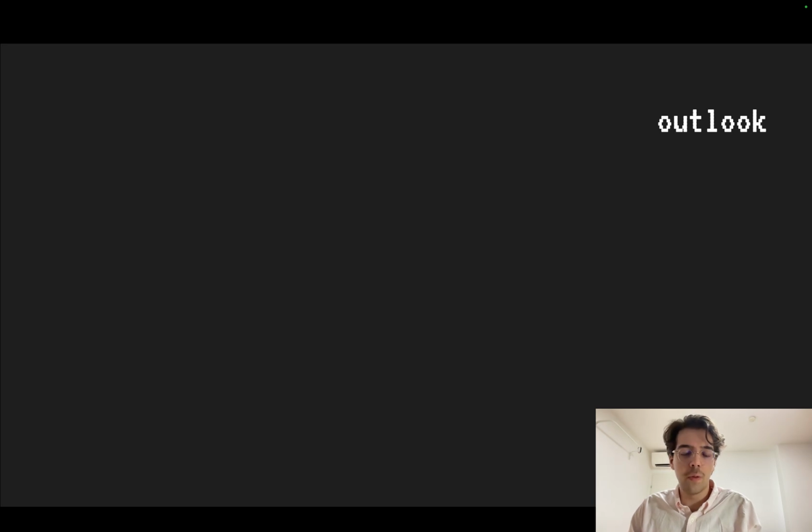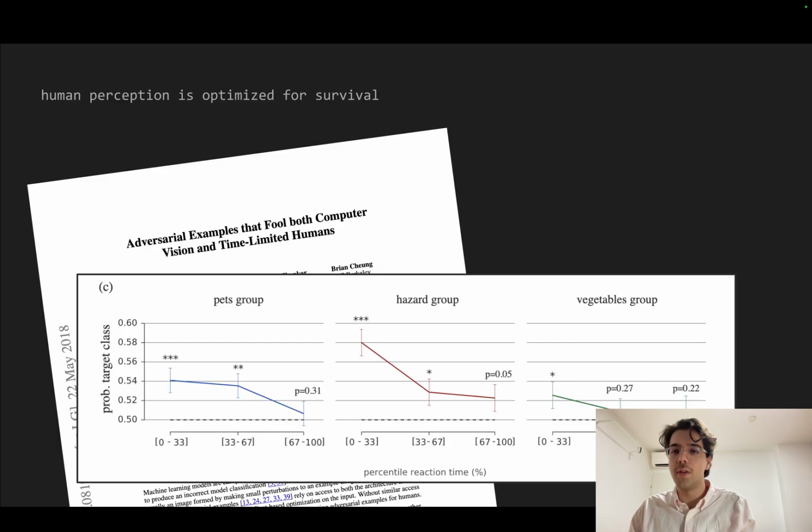So where do we go from here after having found all of this out? Something that most adversarial machine learning papers actually don't mention is that these perturbations also impact humans when they're time constrained. And something that would be really interesting to explore further is exploiting the high sensitivity of the human judgment function towards pets, hazards, and food, and also the speed of reaction time.